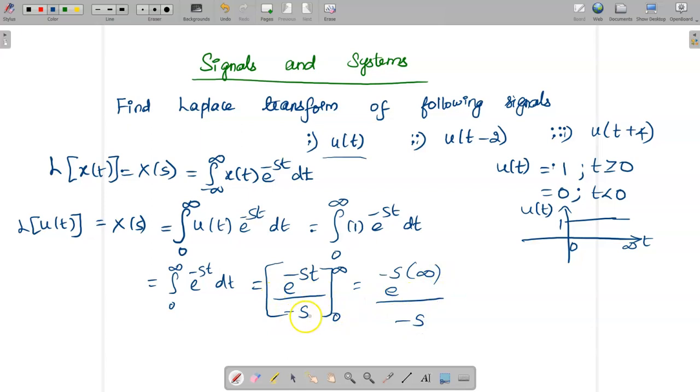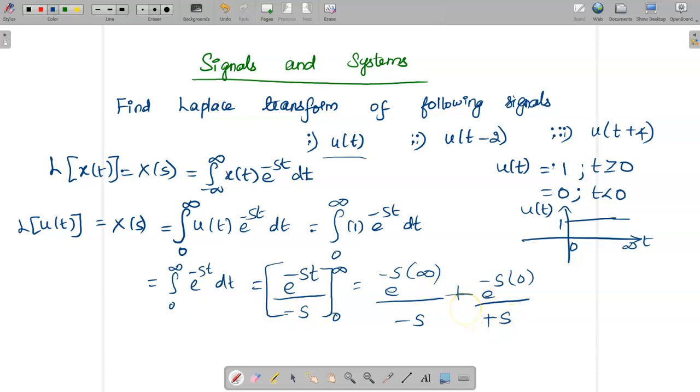While applying the lower limit, we need to introduce one minus. Already here one minus is there. Minus into minus will become plus. So e power minus s, again t value, lower limit t value is nothing but 0. So here it is plus 1 by s. Why? Because minus into minus becomes plus.